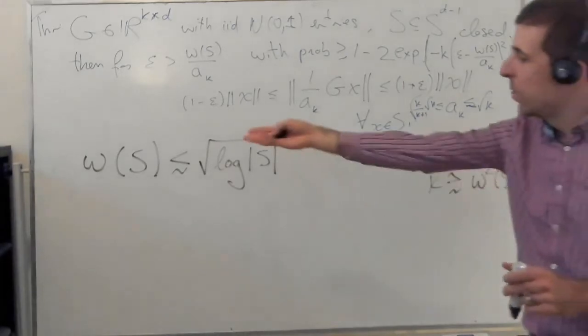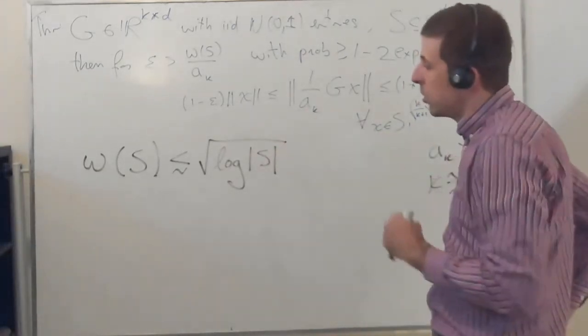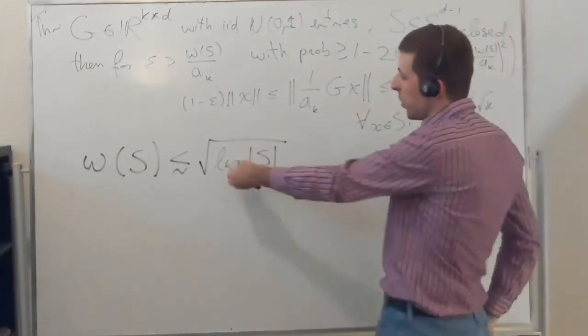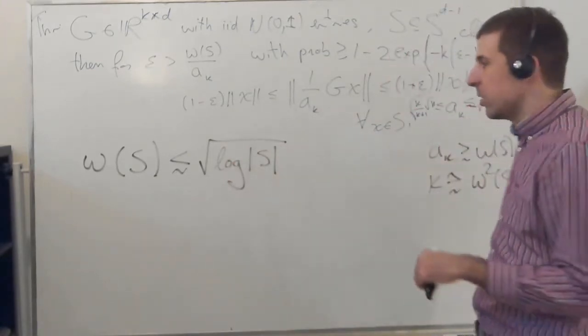And so this immediately tells you that the number of dimensions you should send to is always smaller or equal than log of the number of points.